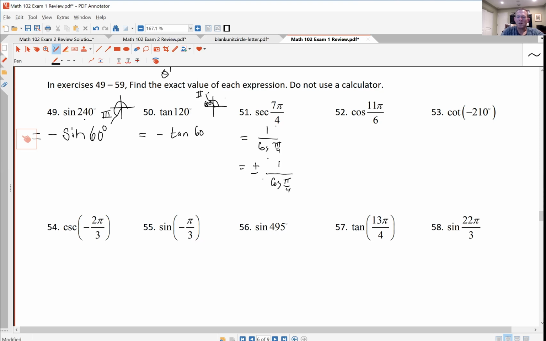Remembering that 7 pi over 4 sits in, there's 1 pi over 4, there's 2, there's 3, there's 4, there's 5, there's 6, there's 7 pi over 4. It sits in quadrant 4. And remember, that's all students take calculus. That's where cosine is positive.